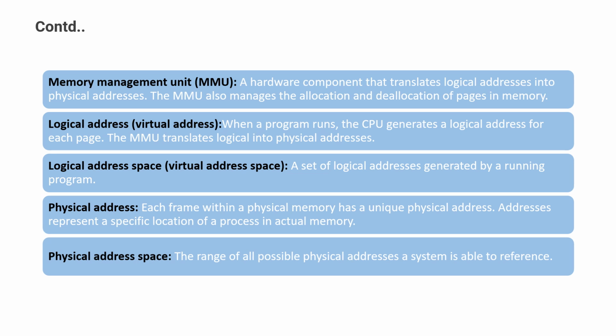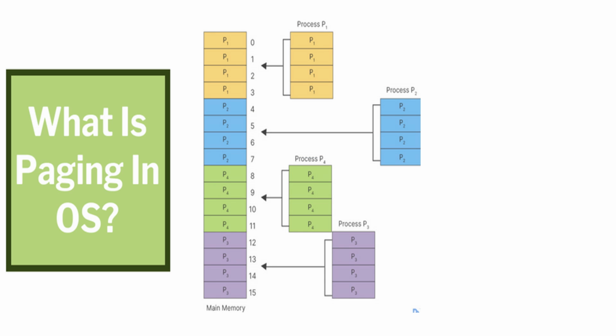And physical address space is the range of all possible physical addresses a system is able to reference. So these are all the terms which will be used in paging, so make a note of it. And now we can move on to what paging in OS is.